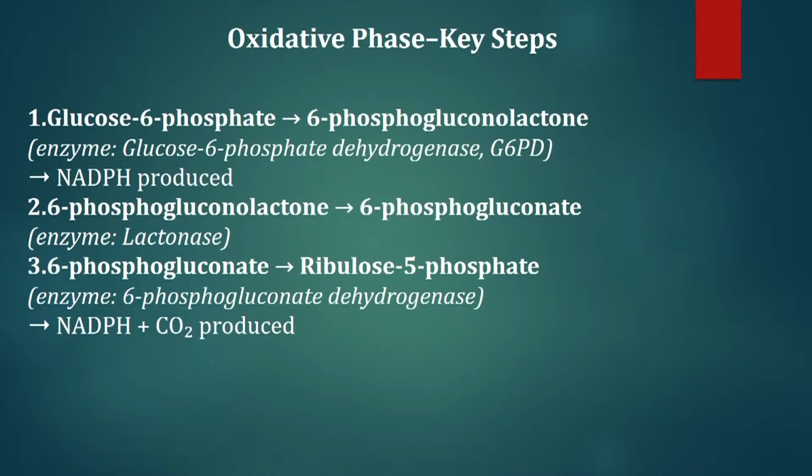So glucose 6 phosphate dehydrogenase is the enzyme involved in the formation of NADPH, and NADPH is the molecule which prevents the formation of free radicals that ultimately kill our cells.